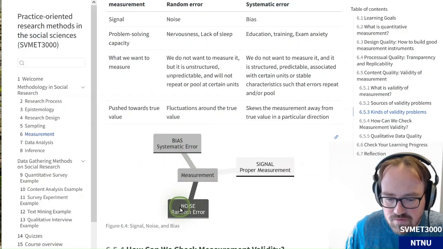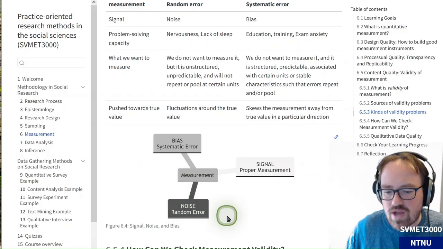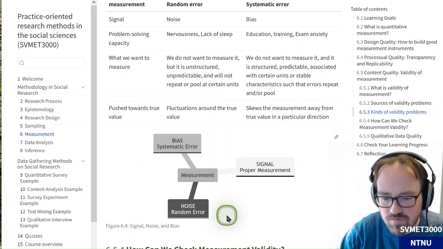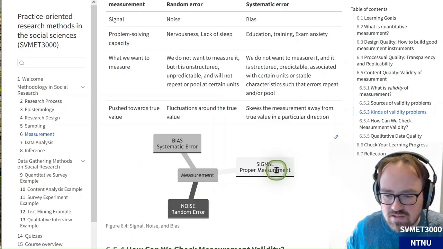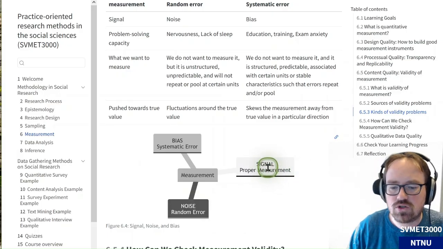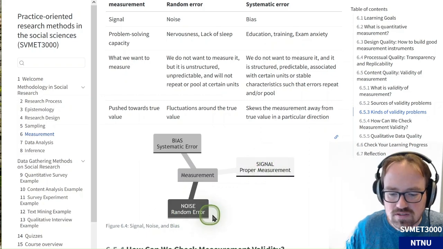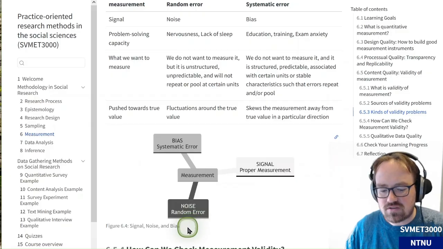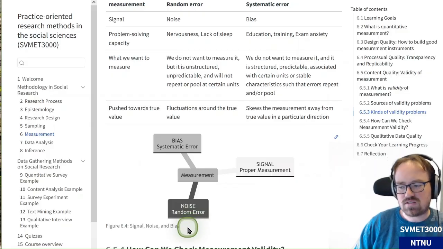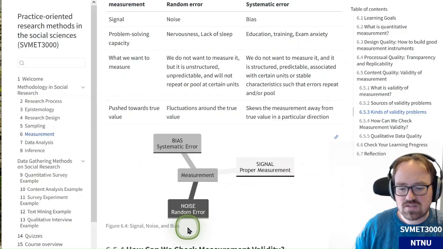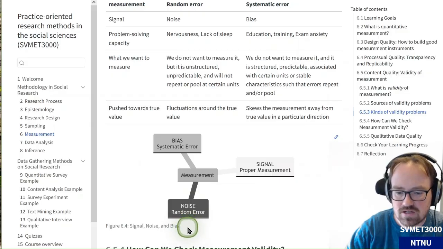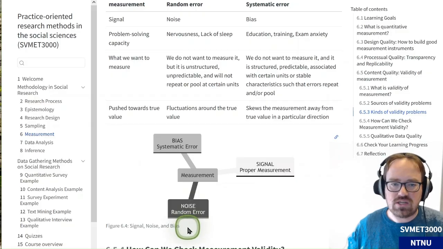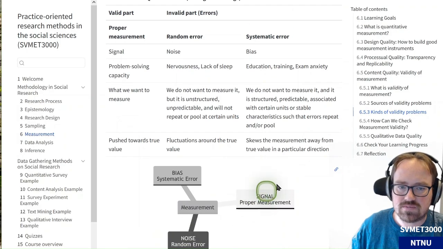Whereas we also have so-called noise or random error, which is also components of the measurement that don't represent the signal, so it's not what we really wanted to measure, but the sources of this error are random in the sense that it's not pooled at a specific case or skewing the results in a certain direction, but is just random and unpredictable where it occurs.